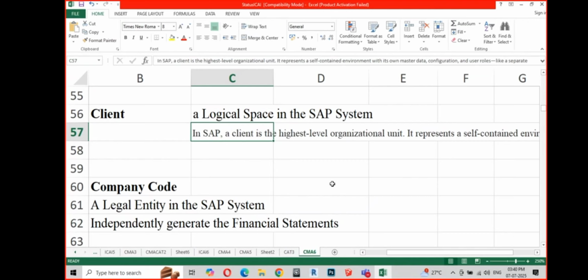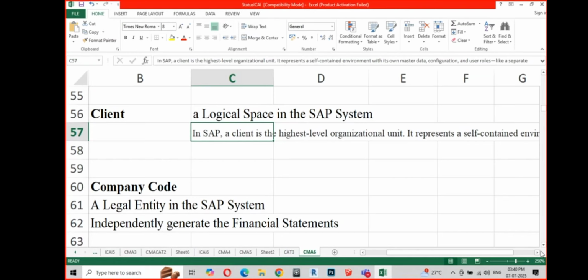In SAP, a client is the highest level organizational unit. Typical technical definition of what is a client, but since I thought probably the technical information would not be understandable at this current moment, I gave you the examples of A Limited, B Limited, C Limited, D Limited, which would have different SAP systems.